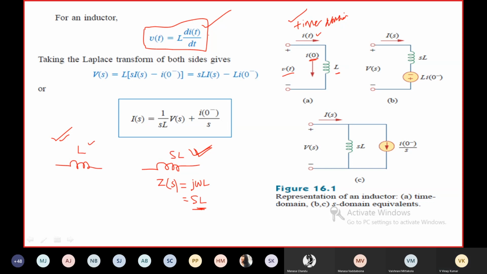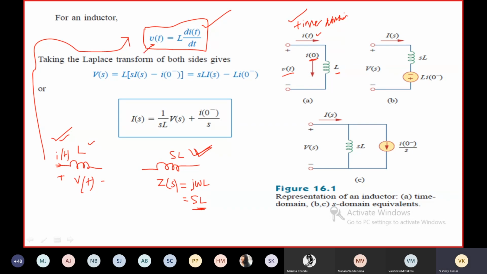Right. Voltage across inductor in time domain. Okay, let V of t be the voltage across the inductor, I of t the current flowing through this inductor. Then what is the voltage across the inductor in time domain? V of t is equal to L di of t by dt. Right.